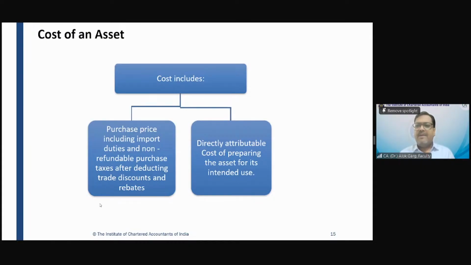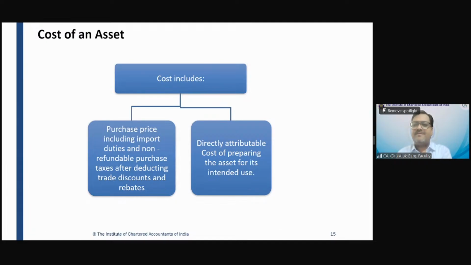You remember in PPE there were three boxes. If you have seen my presentation on PPE, you must have seen the cost includes three boxes: purchase price including import duty and non-refundable taxes minus trade discount and rebate, plus directly attributable cost, plus one more box.